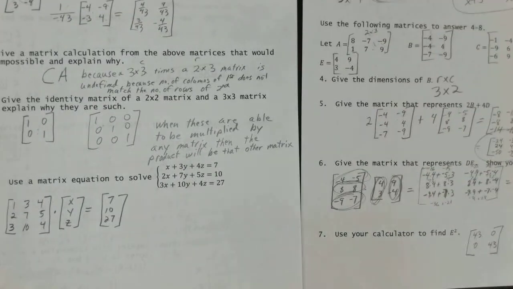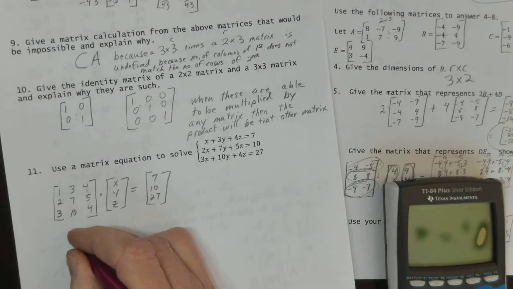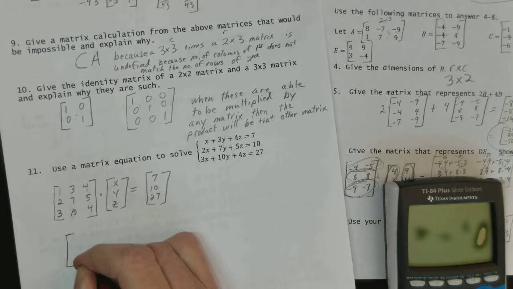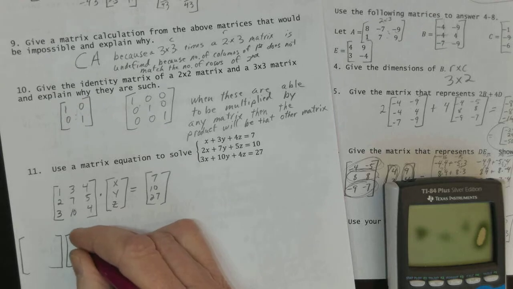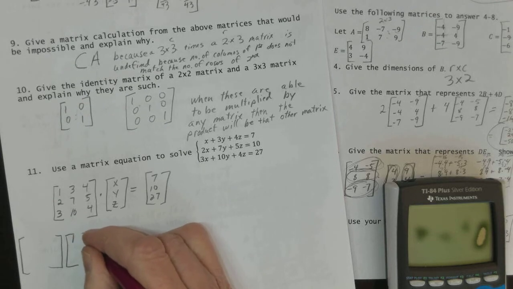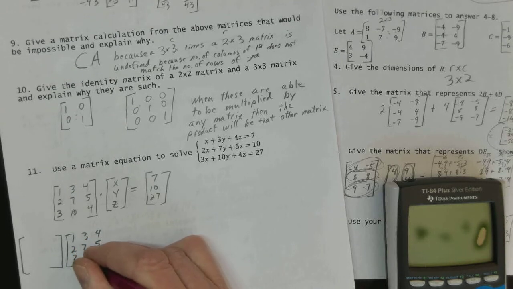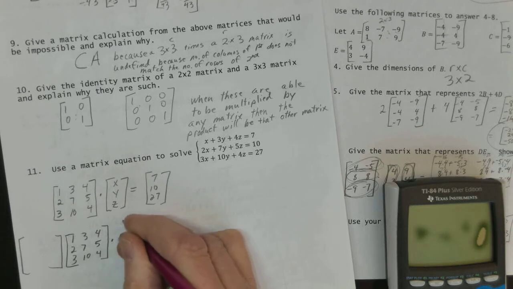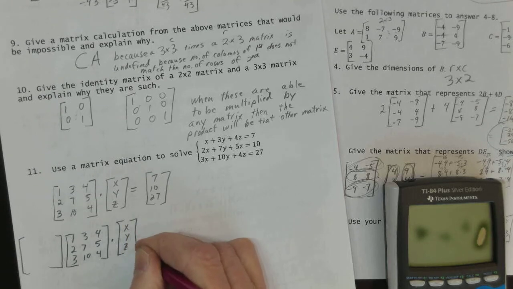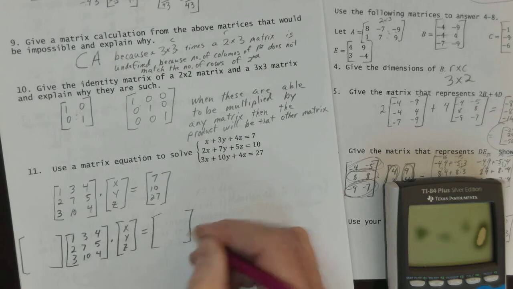All right, let's do a little bit of work here. I'm going to take my coefficient matrix and figure out what its inverse is using the calculator. And I'm going to put it here. I'm going to multiply it on each side of this matrix equation.